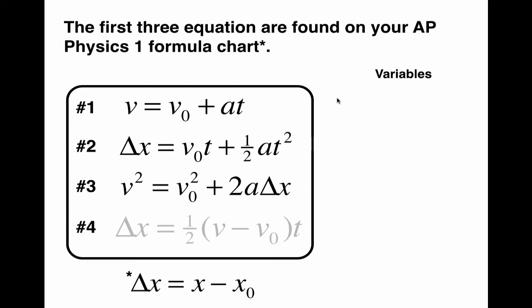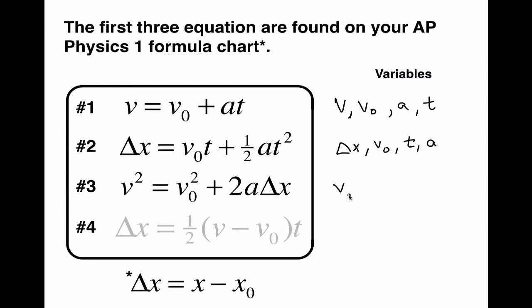So the variables in equation number 1, here we have velocity, here we have an initial velocity, we also have acceleration, and we have time. In equation 2, we have displacement, we have initial velocity, we have time, and we have acceleration.